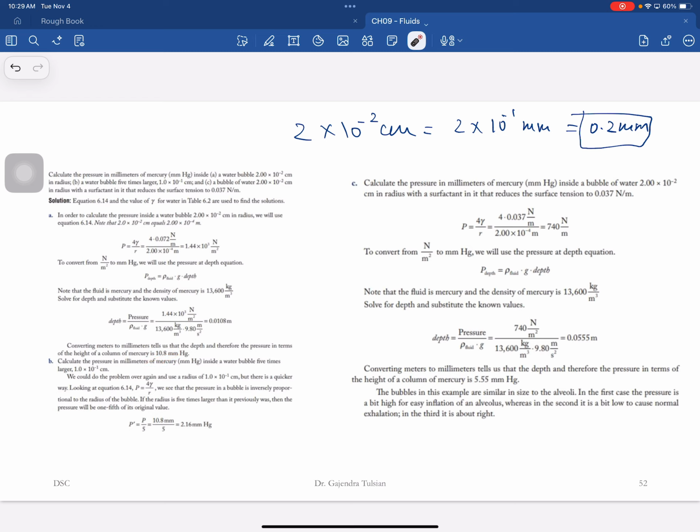So you can't breathe, and that's what happens in preemie babies. Whereas in the second, it's a bit lower, causing the exhalation to be hard. The third is just the right pressure. And this one is too small.